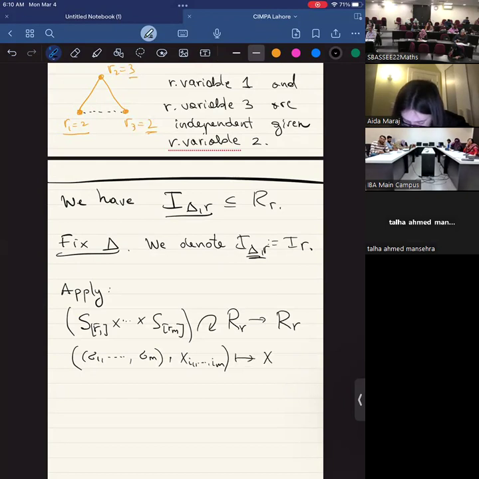So we have x sigma 1 I1 and so on, sigma m Im.